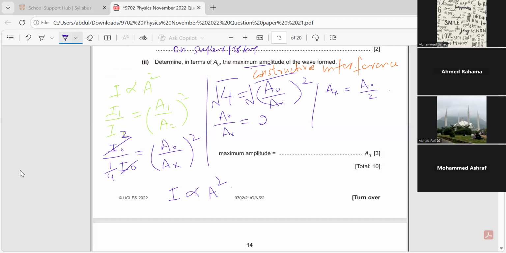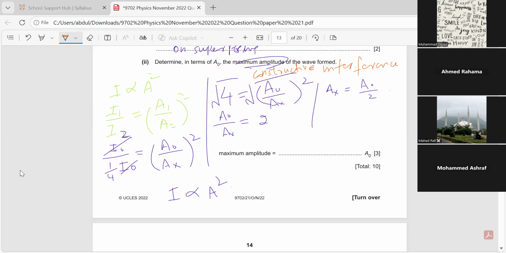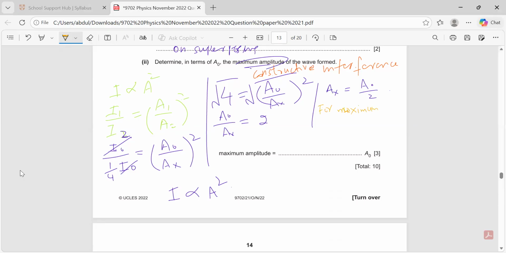Now, as I told you, they want maximum amplitude. So for maximum amplitude, we need to add both amplitudes. So my dear friends, maximum amplitude or resultant amplitude, I'm writing here.